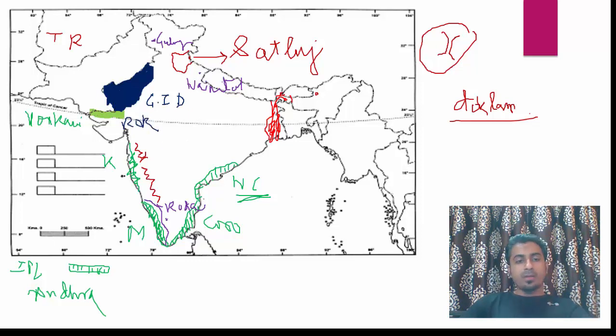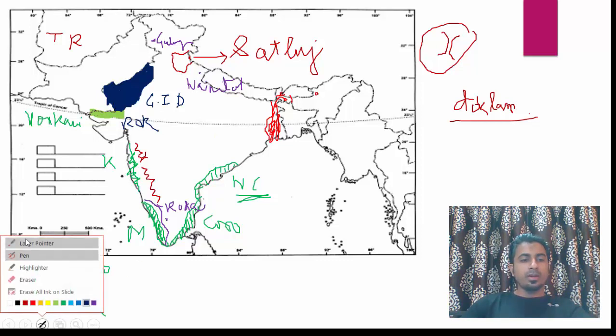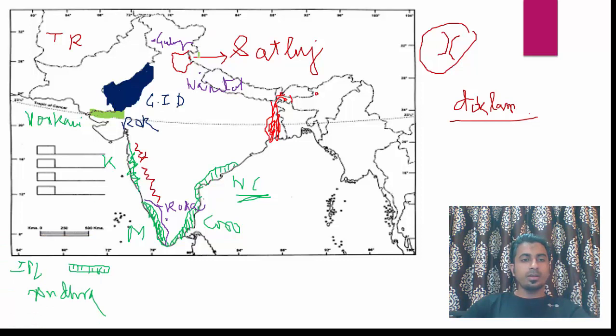Okay, now we have got Malwa Plateau. For Malwa Plateau, I will again use a highlighter and I will shade the area. Malwa Plateau is somewhat in Rajasthan and Madhya Pradesh combined, and this is here. This is Malwa Plateau, and we have got Chota Nagpur Plateau, which is in Jharkhand. Why are plateaus famous?